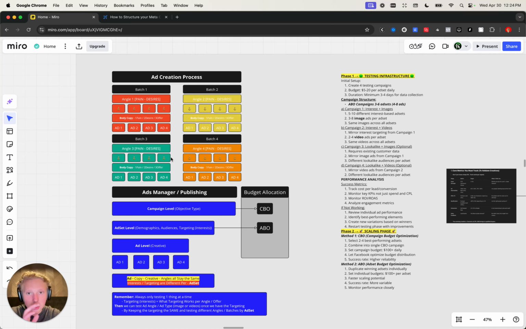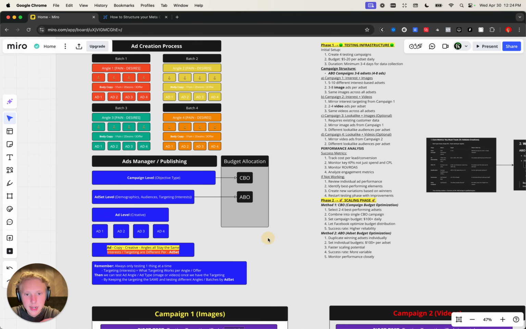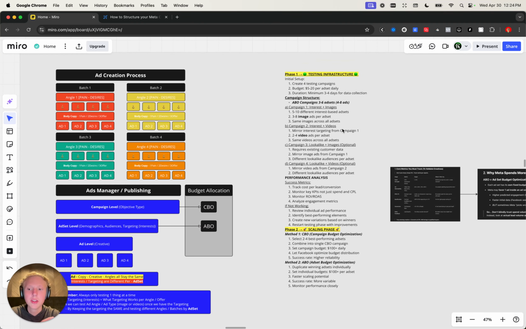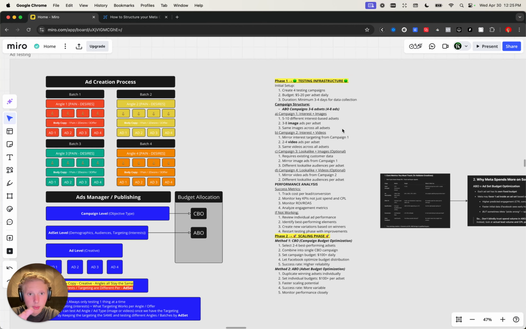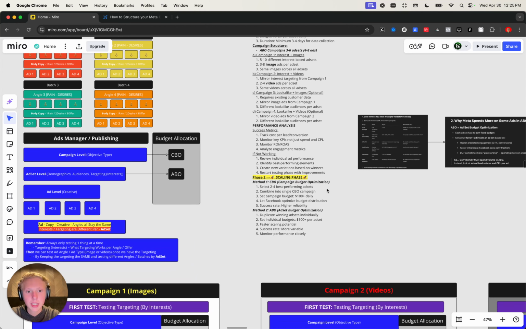Now, for testing ads, you always want to be in an ABO, and what that is, is where Meta controls the spend per ad set, and a CBO is where it's spending per campaign.